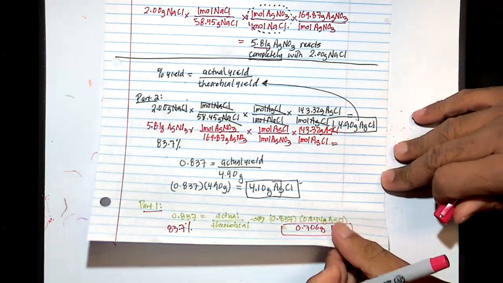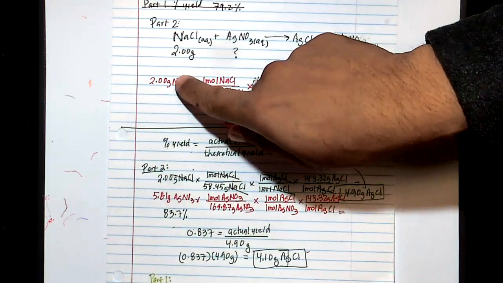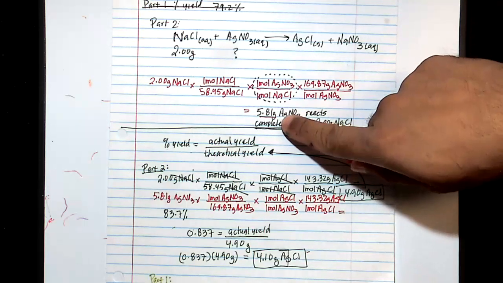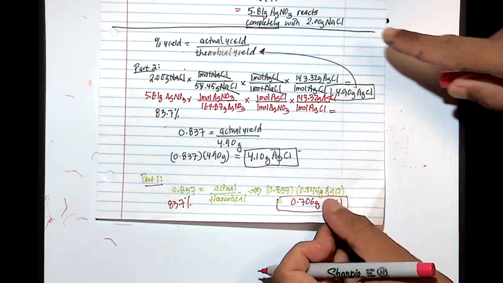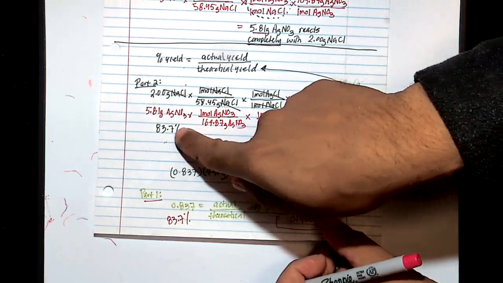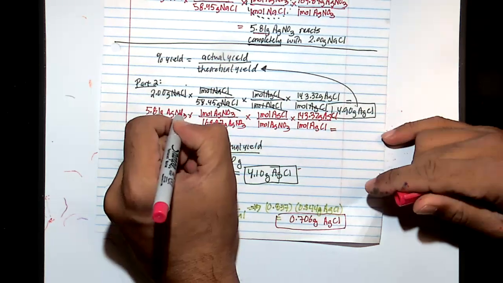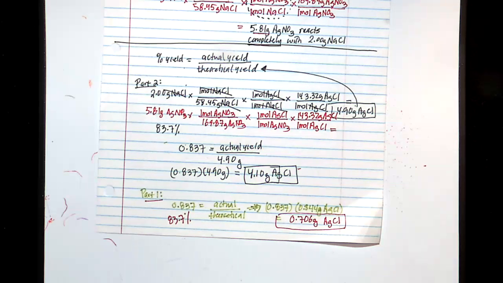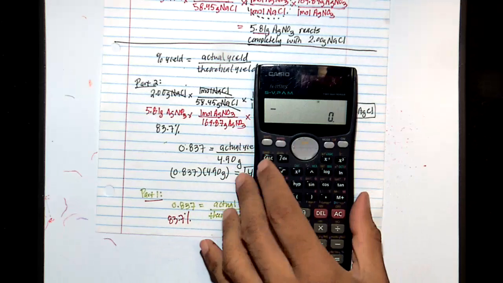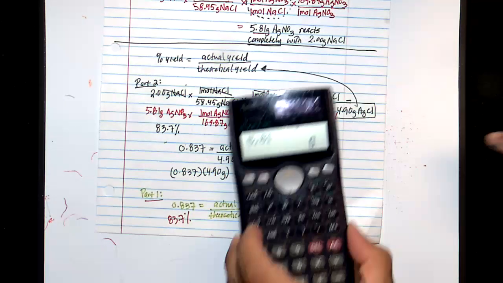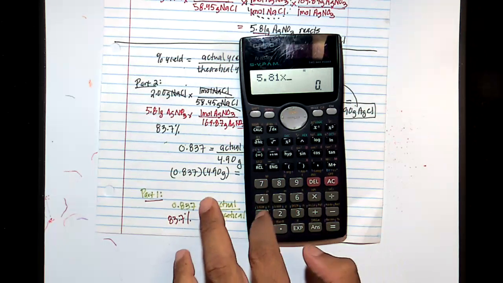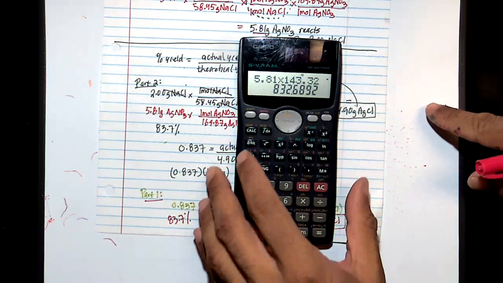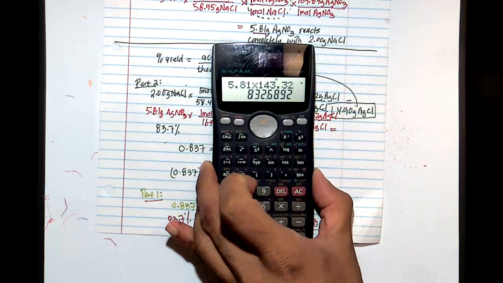Okay, so in this part 2 answer, it reacts completely. We said 2 grams, which they gave us, reacts with 5.81 grams completely. No limiting, no excess. So let's start out with 5.81 grams of AgNO3 and see how much AgCl we get out based on our stoichiometry and balanced chemical equation. 5.81 times 143.32 divided by 169.87.